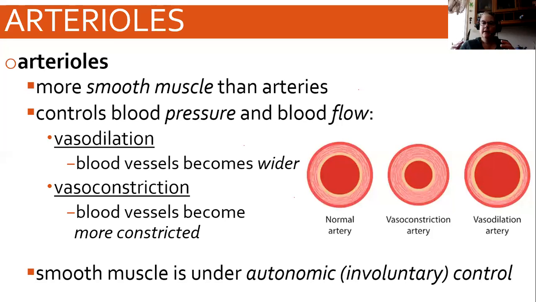But where we have the vasodilation is going to our brain so we can think about what we need to do, and to our heart so it can beat properly and get blood flow going, and to our muscles in case we have to run. So that's our fight or flight response. So arterioles play a really big role in that. And again, like we said before, they're under autonomic or involuntary control. So we can't just decide to constrict our blood vessels.